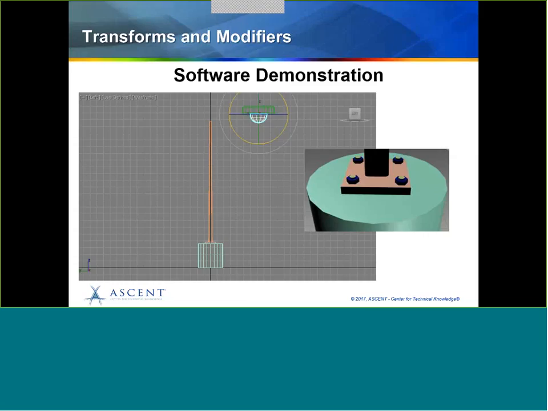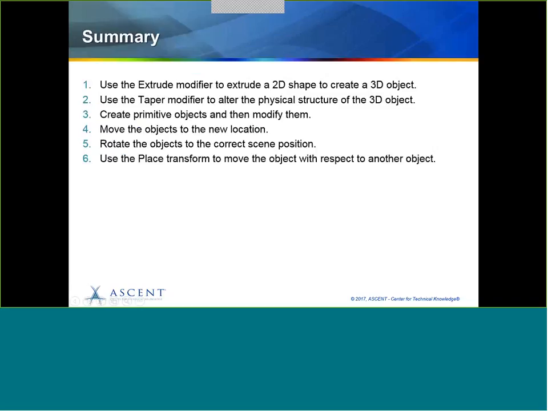So we completed the software demonstration. Now, to summarize, in today's demonstration, we were able to use the Extrude Modifier to extrude a 2D shape to create a 3D object. We used a rectangle 2D shape to extrude that post.